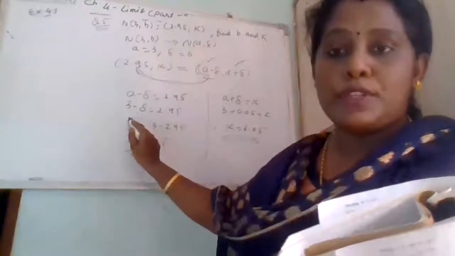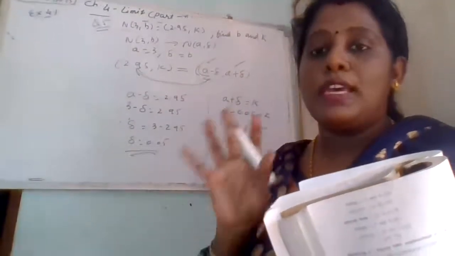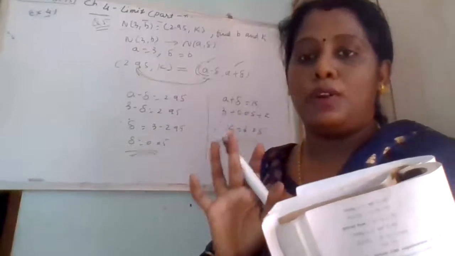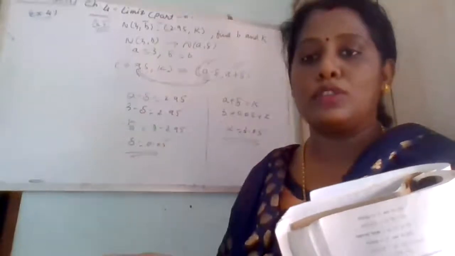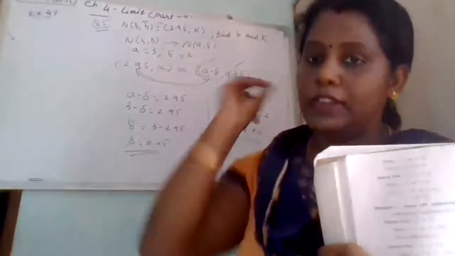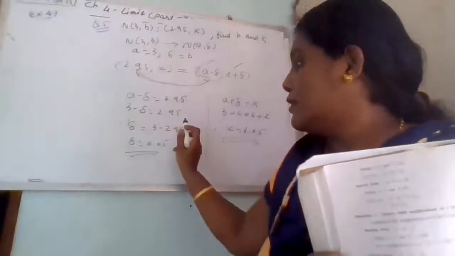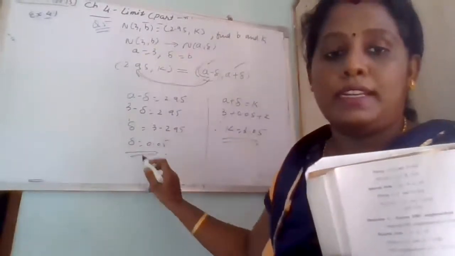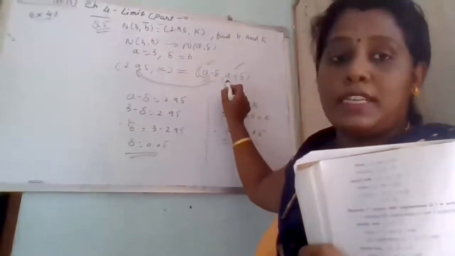Then we have to substitute the values. Now we have all the values, so substitute. We have the value of a. Delta is also a variable only. If a number is given, then we have to find it. So 3 minus delta equals 2.95. Then we will get delta is 0.05. Then next is given a plus delta equals k.